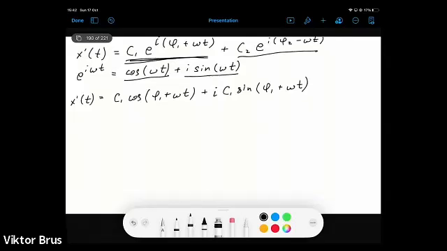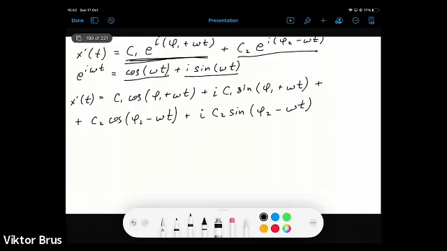So now we are done with the first term, and we need to write the second one. It will be C2 times cosine(φ2 − ωt) plus i C2 times sine(φ2 − ωt).